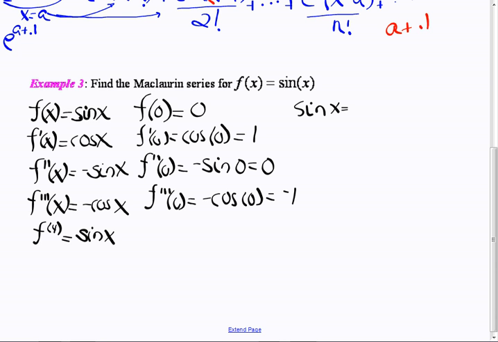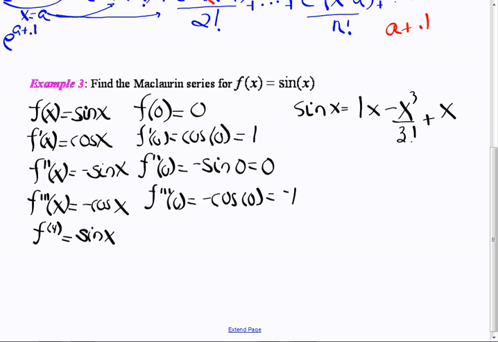I'm not going to write the 0 term. It's 1x minus x squared over 2 factorial. Plus x to the, oops, it's not x squared, it's x cubed. Thank you. How was I going to catch that? Sine is an odd function.